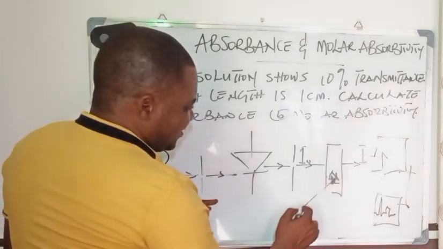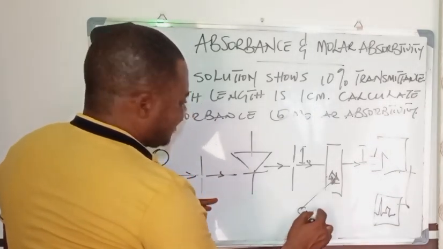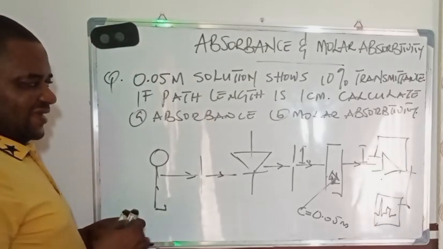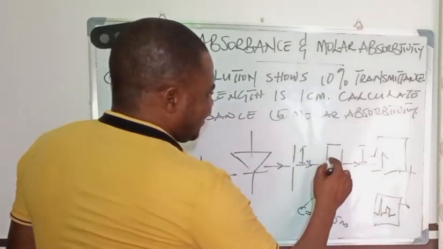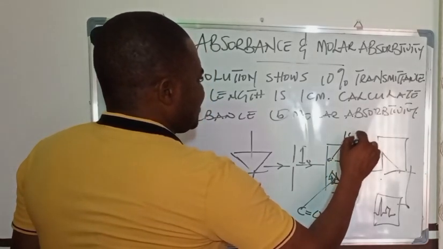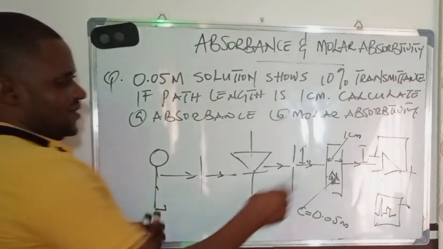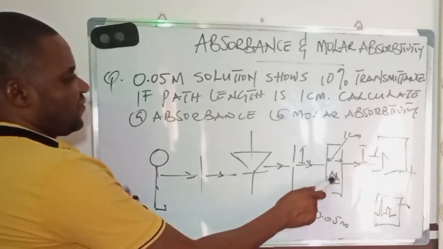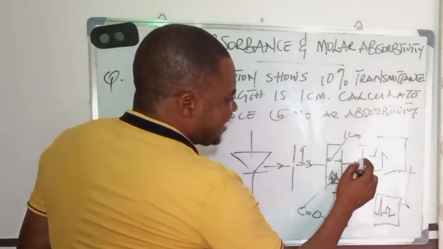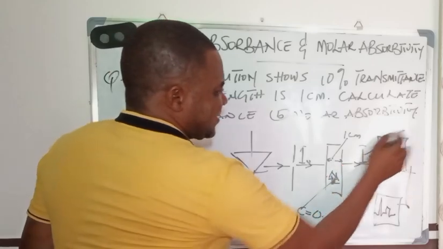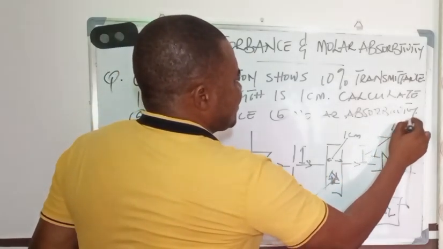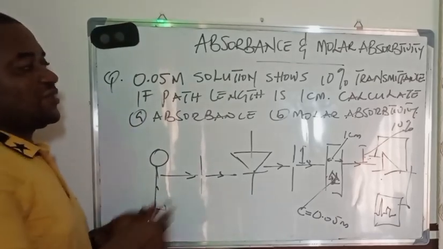Okay, so this was what we had, just to remind us that the concentration of this particular sample is 0.05 molar, and the path length is 1 cm. The light that is transmitted is what we have as 10%. This is what we mean.